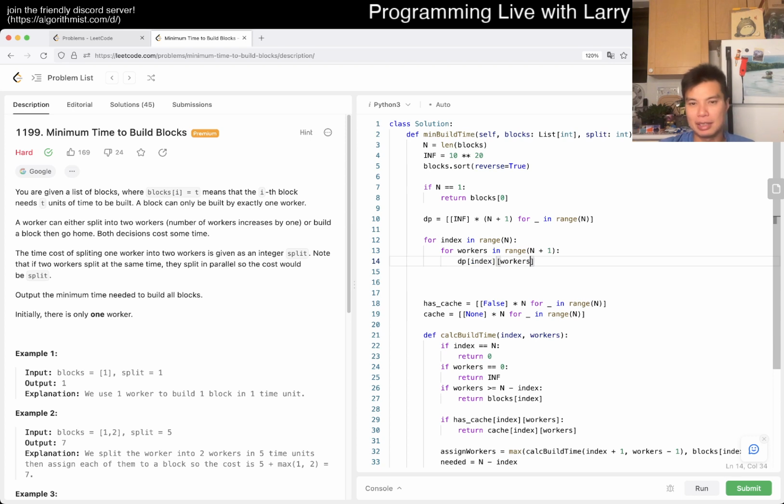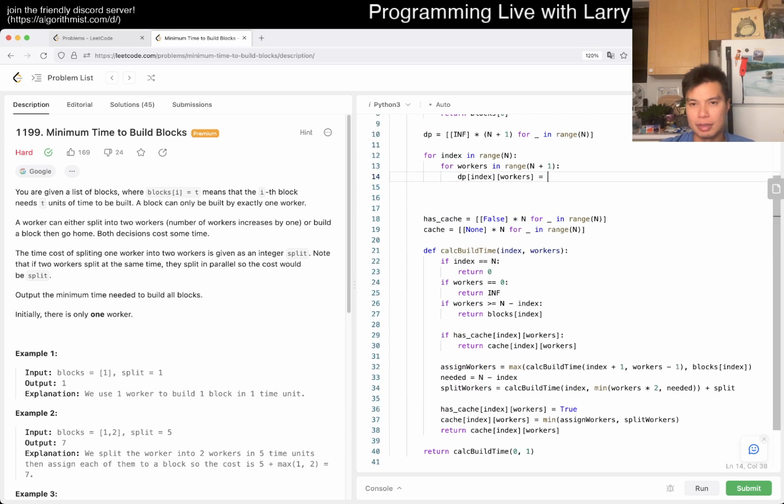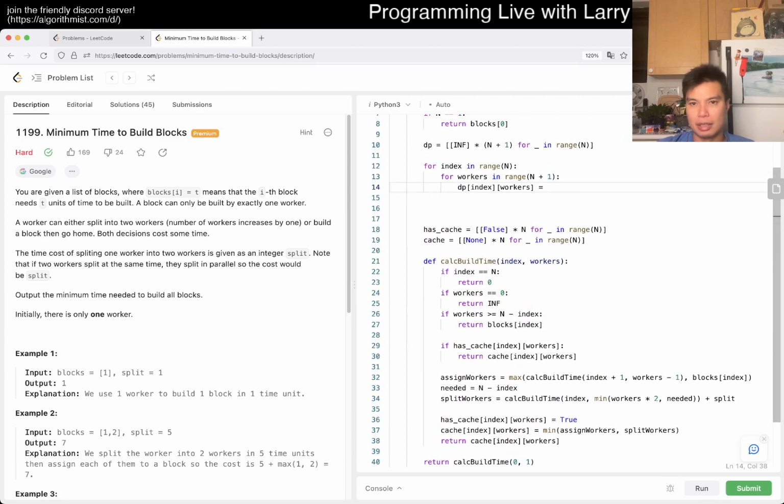But yeah, so this is equal to, this is a little bit tricky actually, because now we have to do it backwards. Fine.